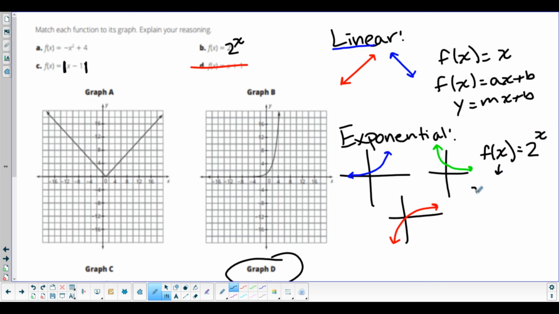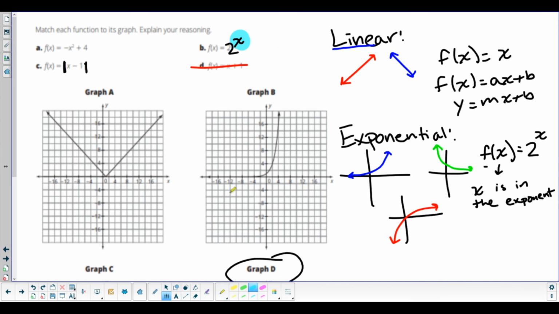And so if the variable x is in the exponent, then it's going to be exponential, okay? And so when I look at my 4 different graphs here, we recognized that earlier. It was this one. I have an x, my variable, in the exponent. And so I got to see that equation B goes to graph B.